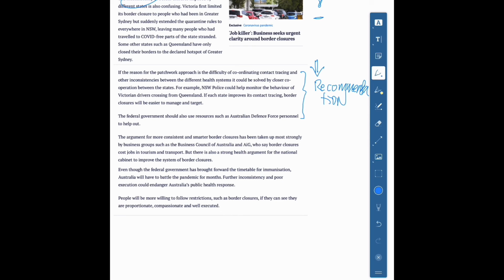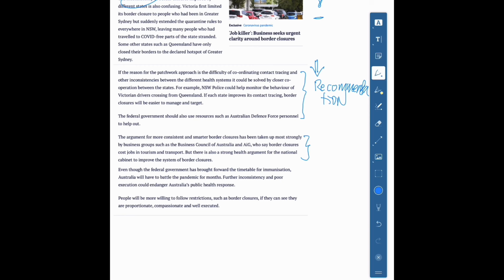And have a look at this: the argument for more consistent and smarter border closure has been taken up strongly by business groups. The author also cites some other parties' recommendations of better implementation of border closures.